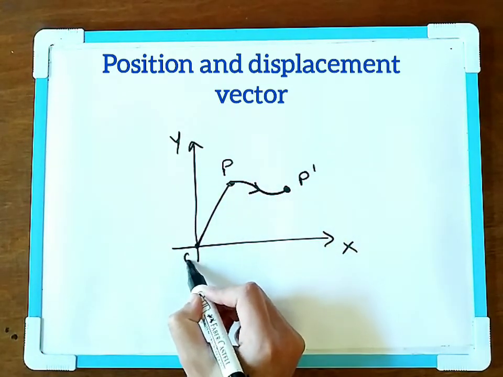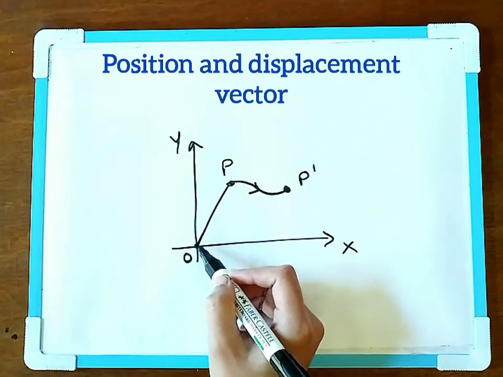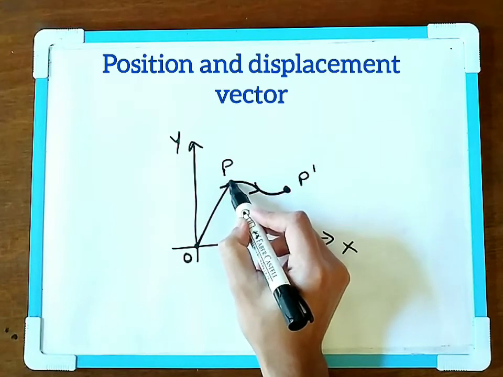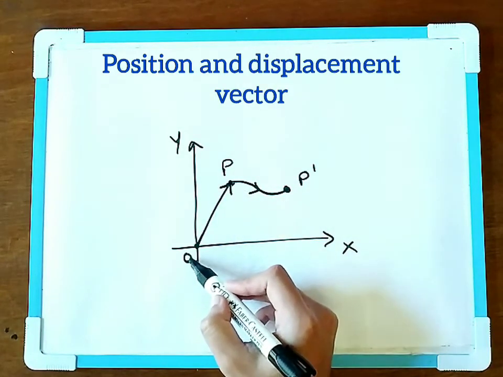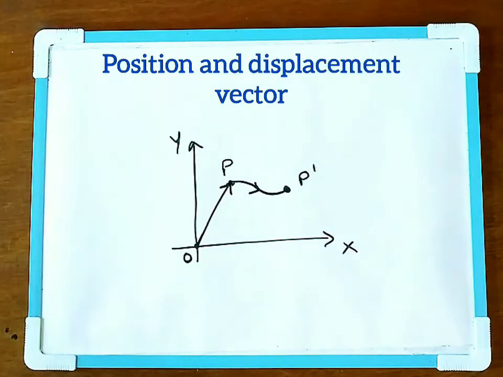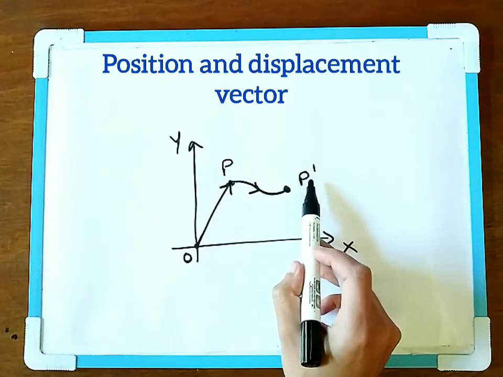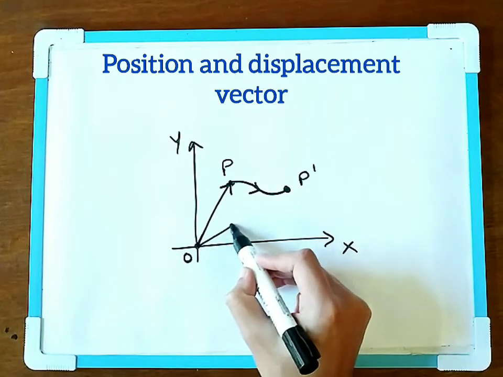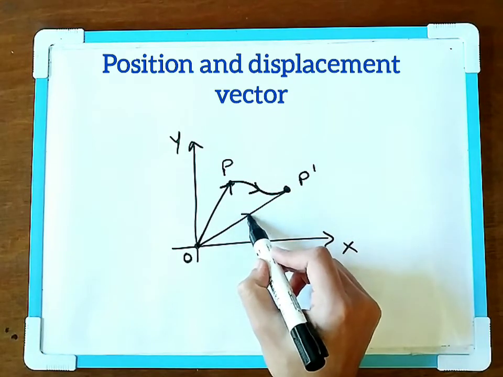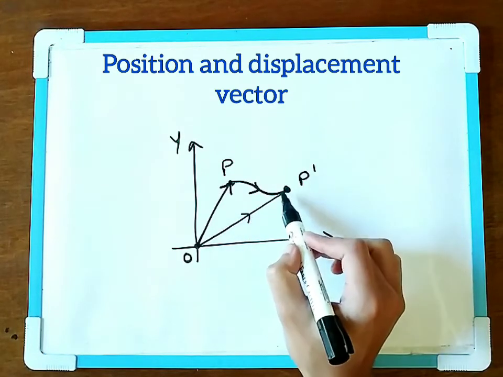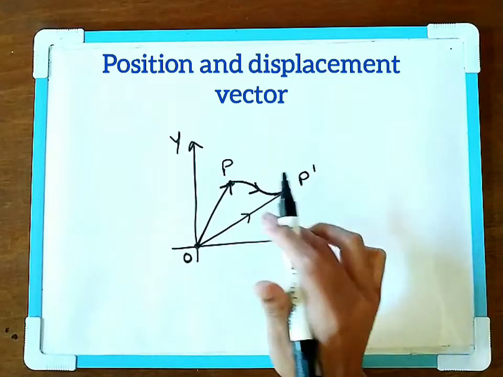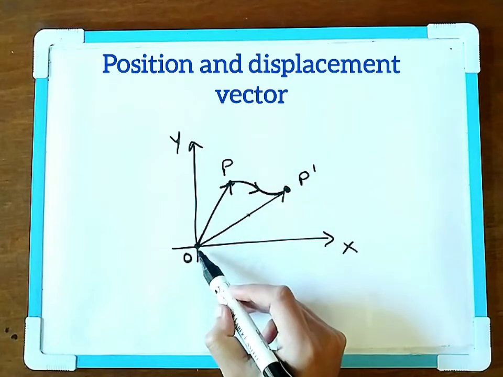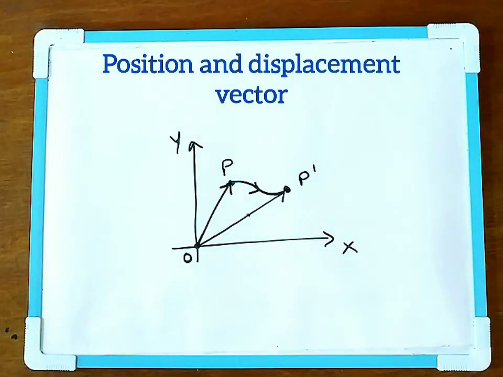So if you draw a vector starting from the origin of the XY plane to this position P, then this vector OP is known as the position vector. Similarly for this P dash also, if we draw a vector starting from the origin to the point P dash, remember you'll have to give this arrow also. So this OP dash is known as the position vector.